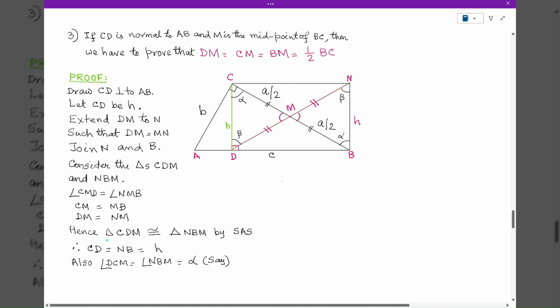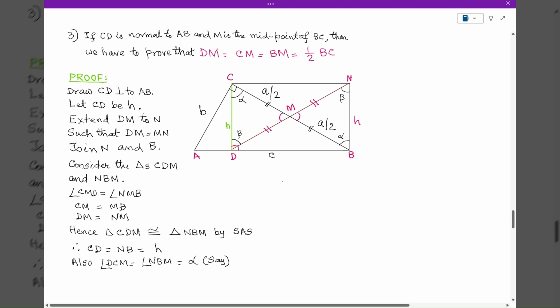Therefore, triangle CDM is congruent to triangle NBM by SAS. Therefore, CD is equal to NB is equal to H. The third sides are also equal. So, these two are equal. Therefore, this being H, this also will be H.